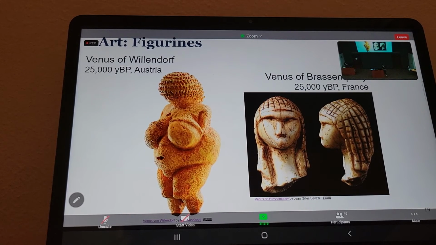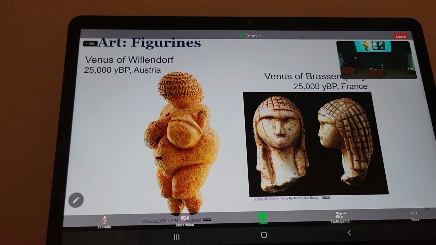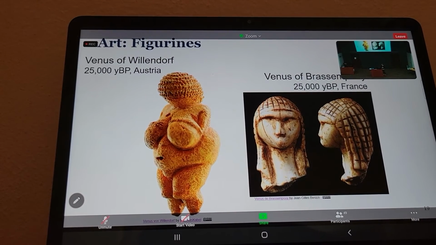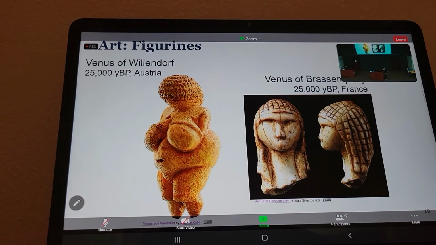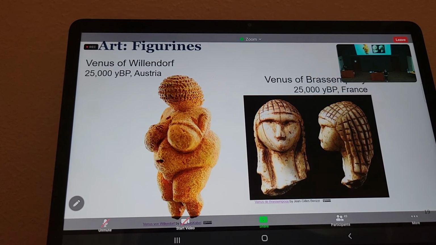We have figurines. We have the Venus figurines. They're some of the earliest types. And these often represent probably fertility. Females with no faces, but very voluptuous figures, large breasts, large bodies, individuals that would have, and it makes sense, that they would have represented fertility.